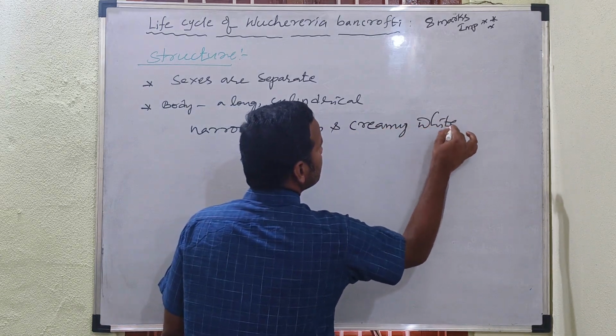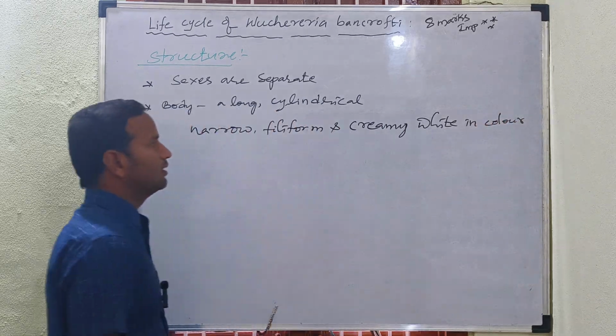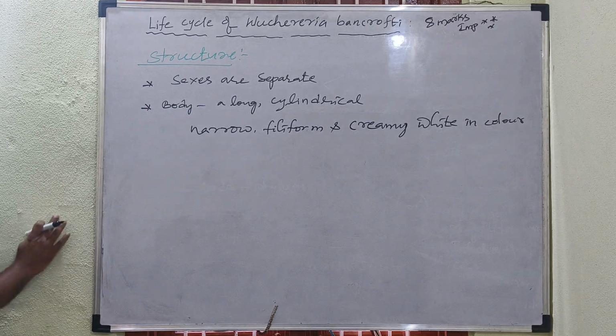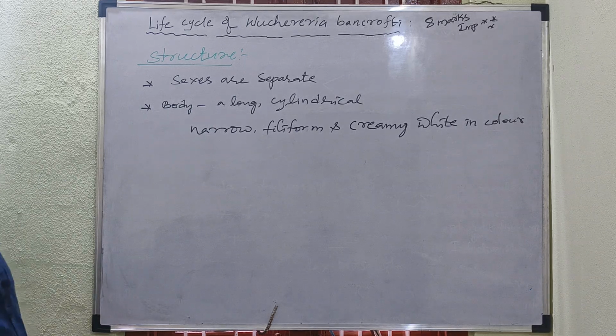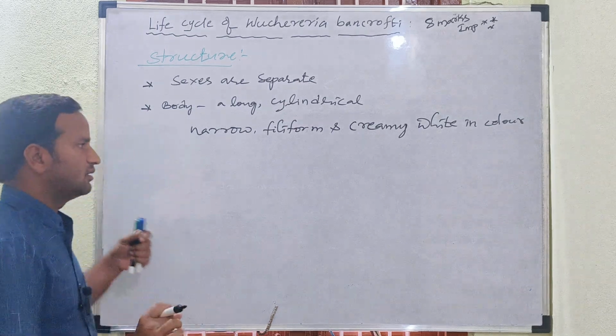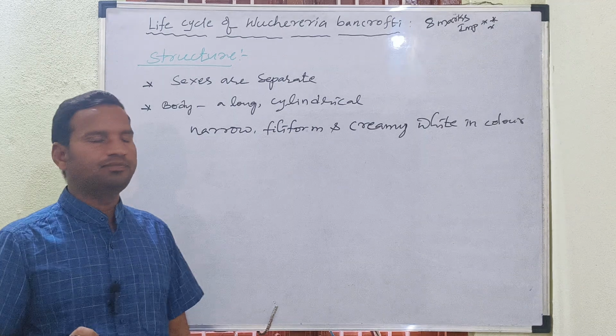Creamy white means like a wall color, not exactly white, slightly off-white. That is called creamy white in color.